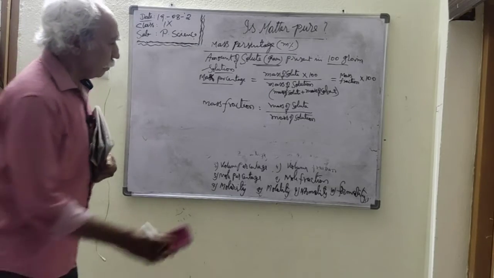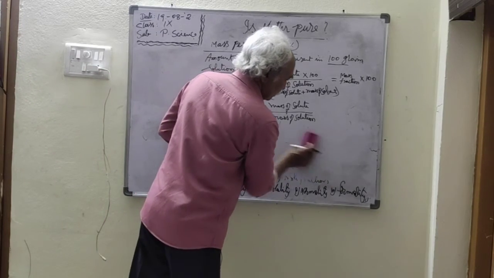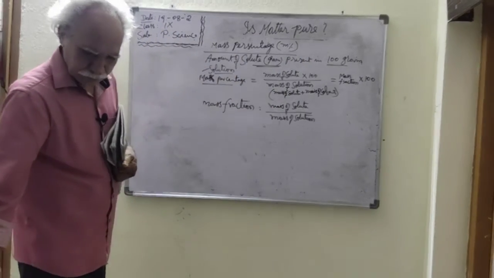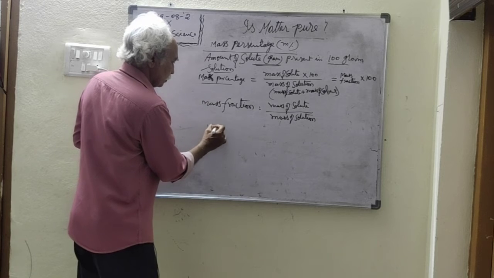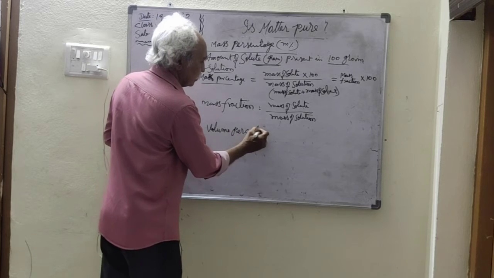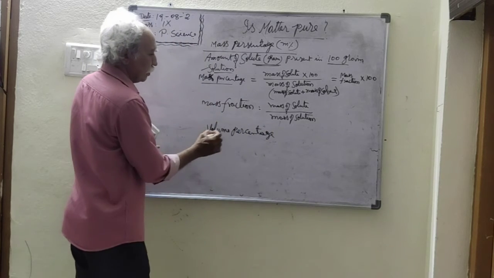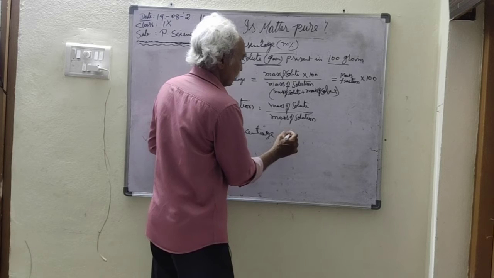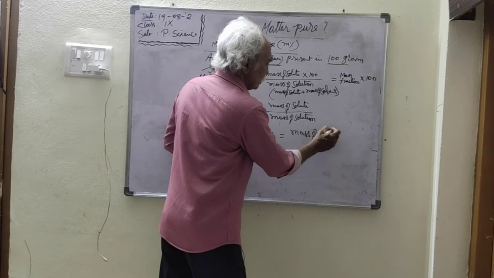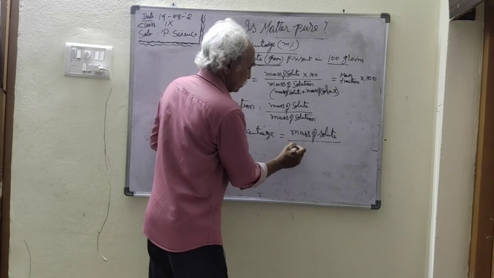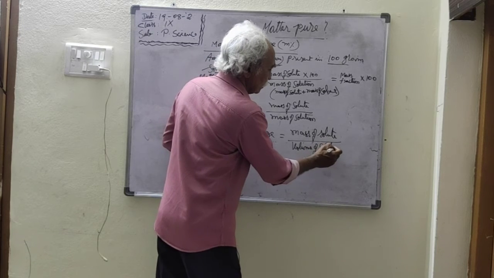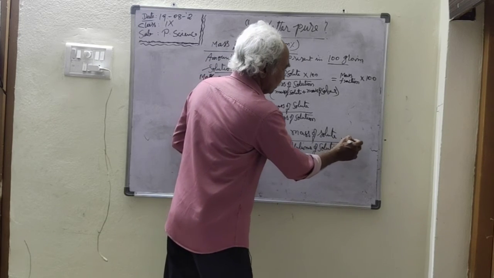Next, volume percentage. Actually, the mass volume percentage is mass of solute by volume of solution into 100.